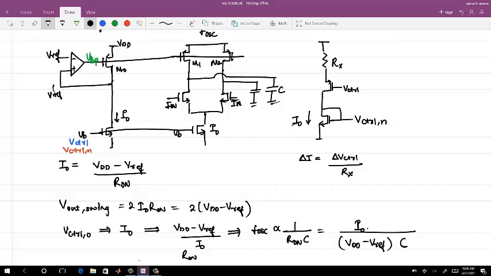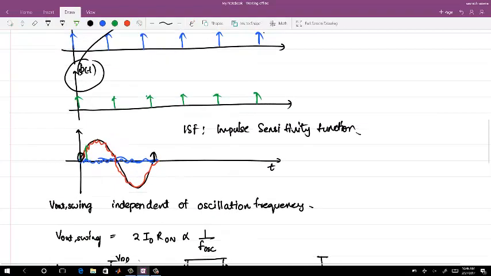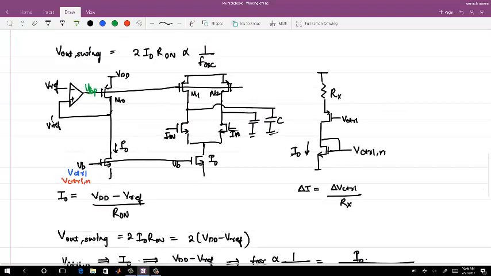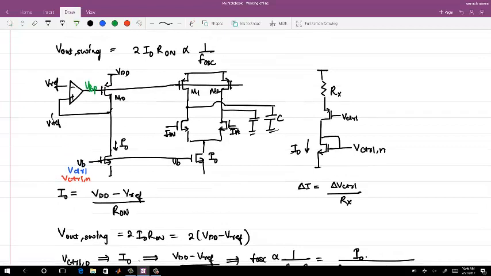These resistively degenerated amplifiers are much more linear as compared to the common source ones. So far, for this limited swing one, we see that we can have a fixed output swing and a linear control to an extent.